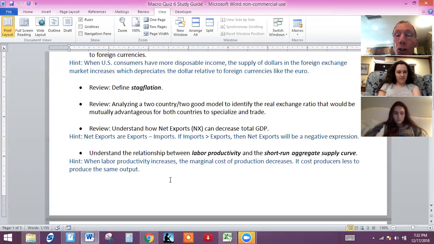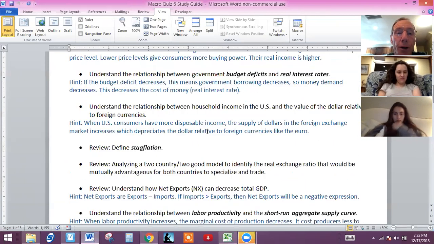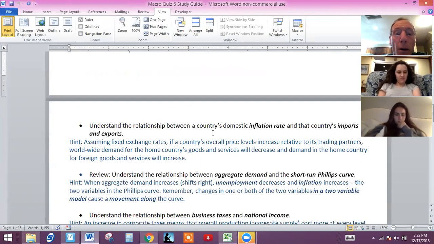Okay, so it's going to shift the short run aggregate supply curve to the right if the labor productivity increases, and that's kind of very similar to the one up there. So I won't spend any more time on that one. Okay.